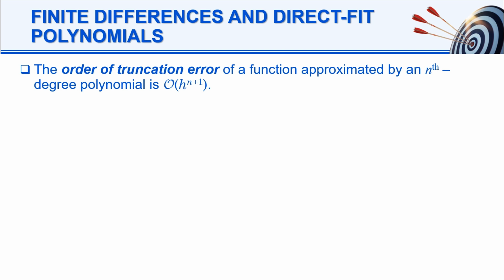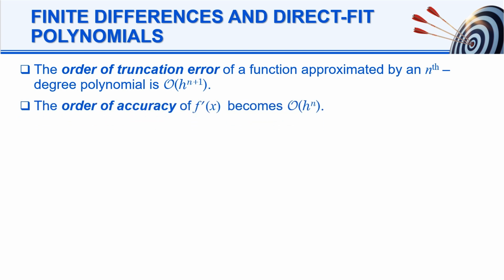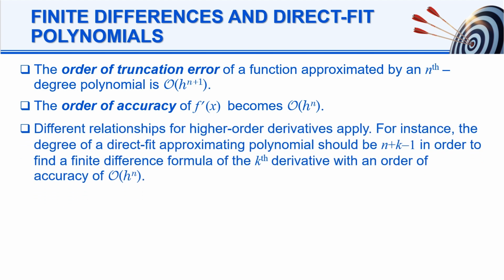The order of accuracy of f'(x) becomes O(h to the n). Different relationships for higher-order derivatives apply. For instance, the degree of a direct fit approximating polynomial should be n plus k minus 1 in order to find a finite difference formula of the kth derivative with an order of accuracy of O(h to the n).